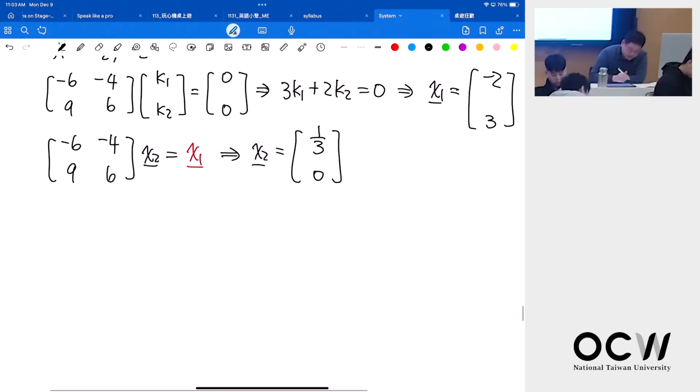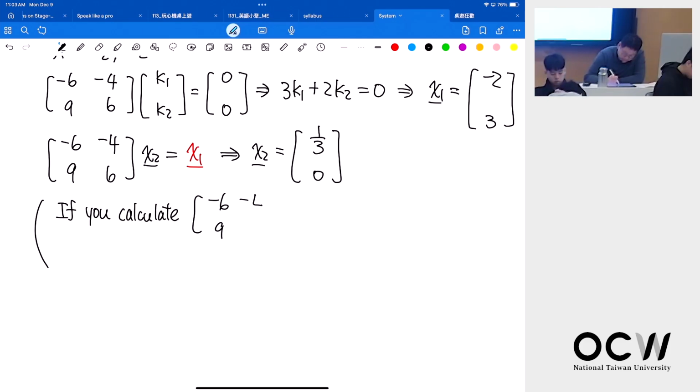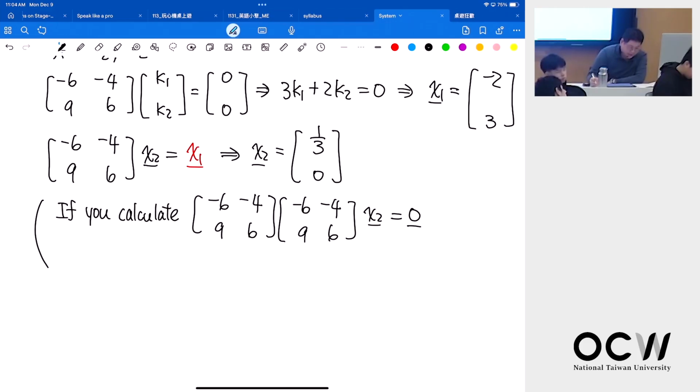And here, very important. If you calculate [-6, 9; -4, 6] and you multiply by that same matrix again, and that times x2 equals 0, it is also okay, but it will be really hard to choose the correct x2.